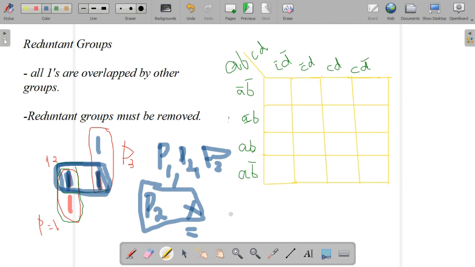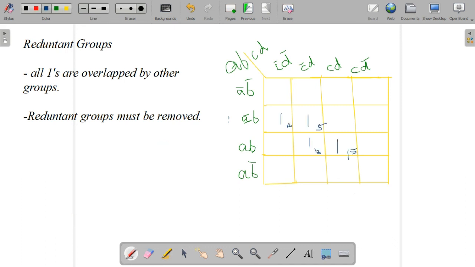Yes, pair 2 is the redundant group, because in that pair 2 we have 2 values, 1, 1. The first one is occupied by pair 1, and the second one is occupied by pair 3. That means all ones of pair 2 are overlapped by other groups, so it is a redundant group. We can't add this pair 2 in the expression. In the reduced expression, we have to remove this pair 2.